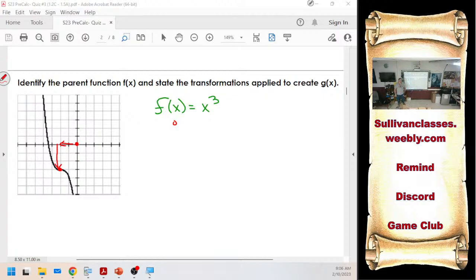Big kid words. Now you can abbreviate, that's fine, but use your big kid words. Because man, would that suck if you were doing a final and it said horizontal translation down 2, vertical translation left 3.